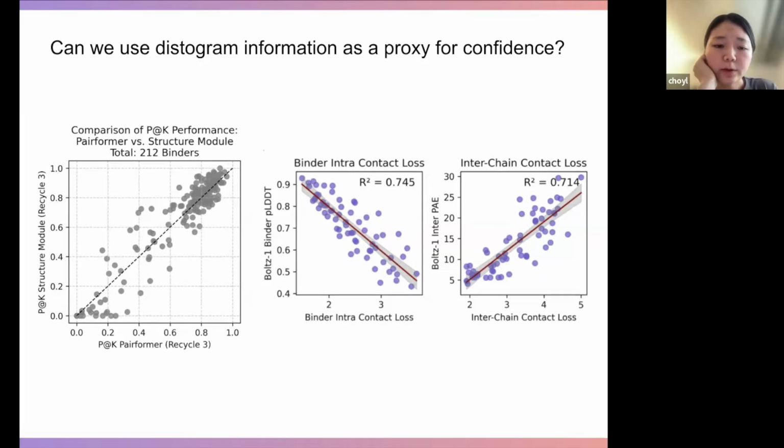So we also plotted the site-wise confidence score against the intra contact loss, and we also plotted the interchain contact loss against the pairwise confidence score, which is the inter-PAE score, and you can also see this linear correlation. So we assume it would be really nice if we can just maximize the confidence and the contacts of the intra and inter contact, and otherwise the pLDDT and the PAE score will follow.